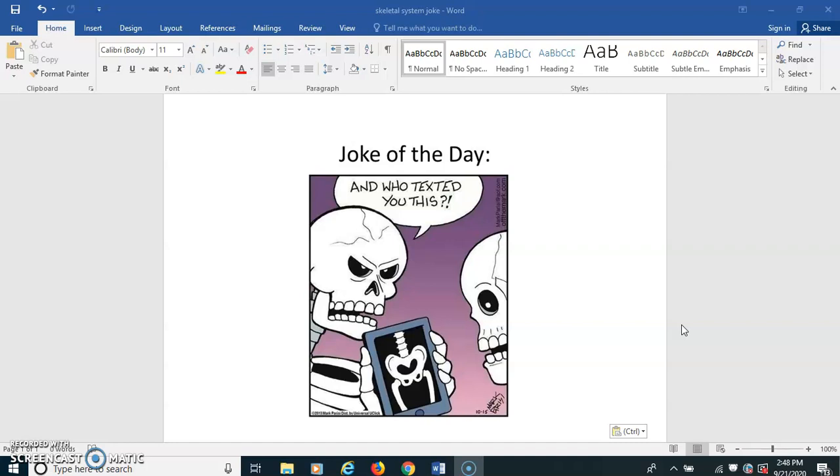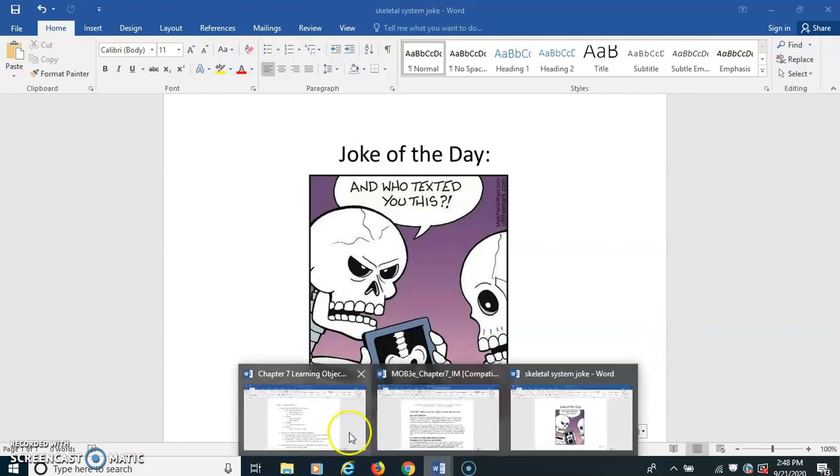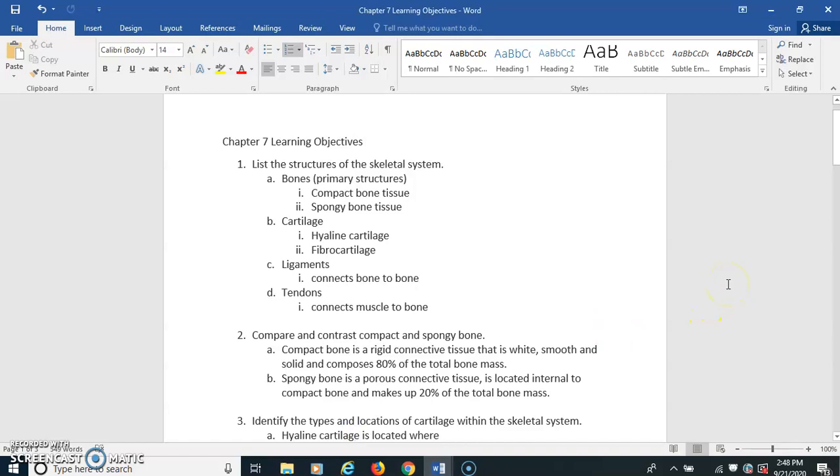All right, so we are going to jump into our objectives for Chapter 7, which is the skeletal system. So the first thing we're going to do is get an overview of all the various structures that make up the skeletal system. And it's not just the bones, so we want to be familiar with the other structures and tissues.